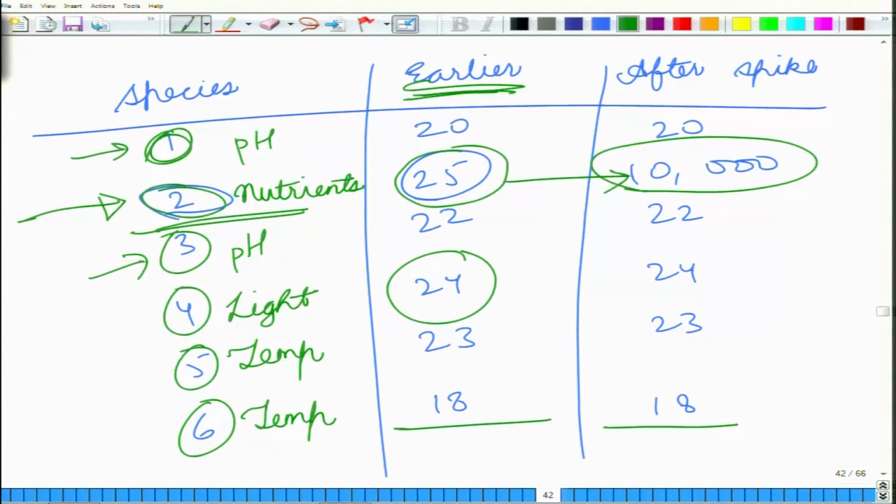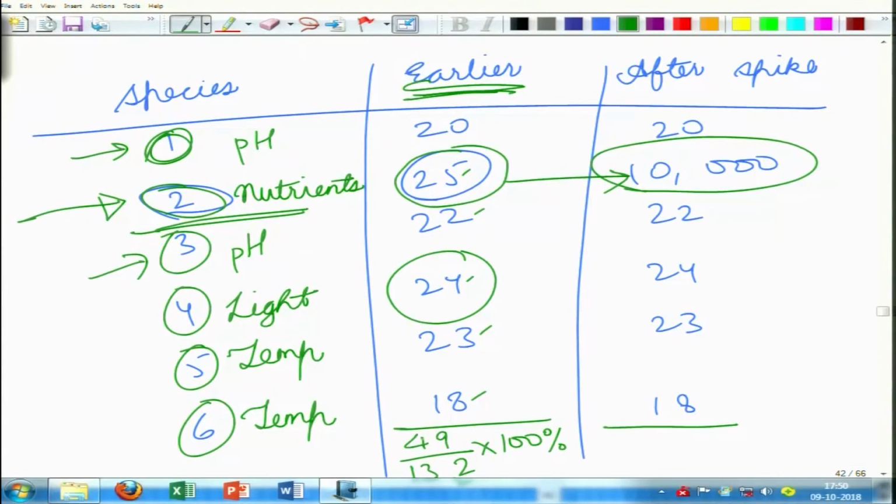So, this is roughly 49 divided by 5, 6, 7, 8, 9, 10, 14, 22 and then 2, 4, 6, 8, 10, 12, 13. So, the community dominance index would be 49 by 132 into 100%.